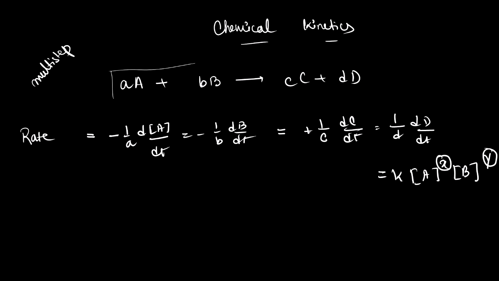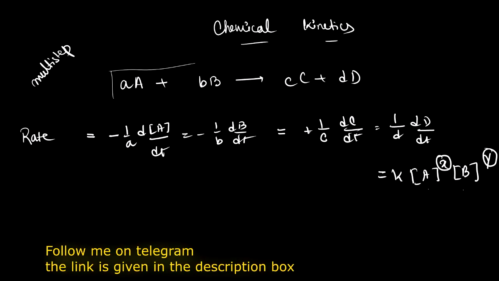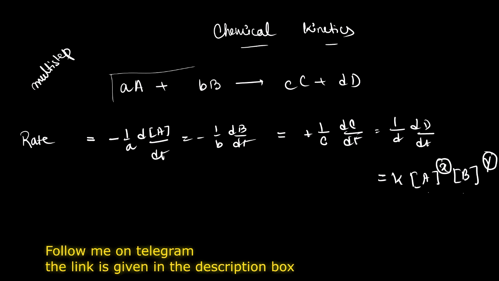The number of reactants that react to give the product is called the molecularity. If the order is x with respect to A and y with respect to B, then the overall order is n = x + y.